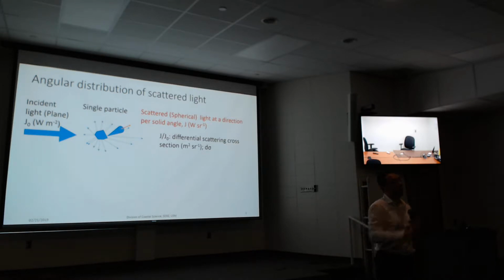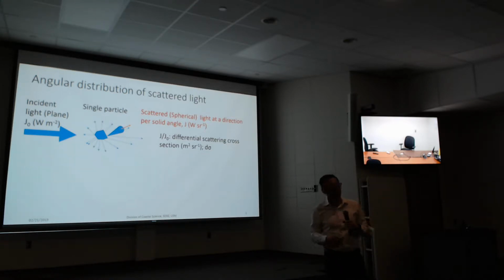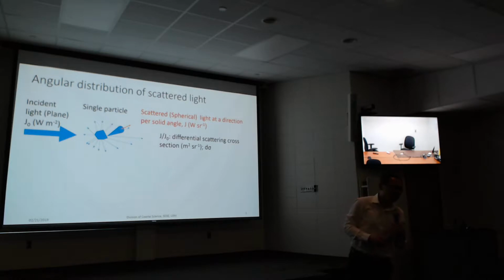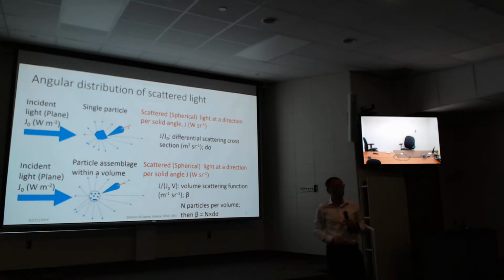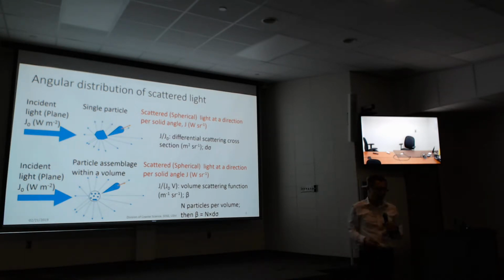Now this is one particle, and we don't deal with one particle, right? We work in the ocean, and we have many, many particles. So this is what we do. Let's say we have many particles, and we do the same experiment. We shoot the light at a sample of particles and measure the light coming out at an angle.